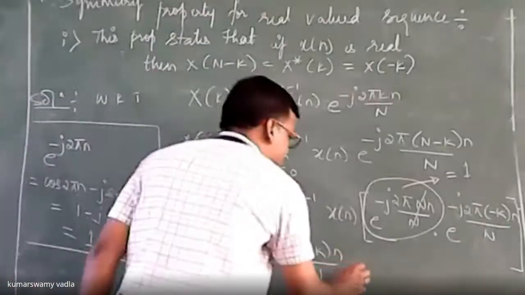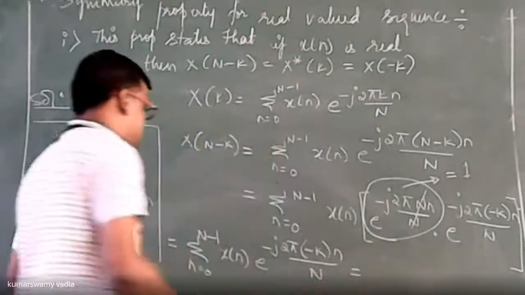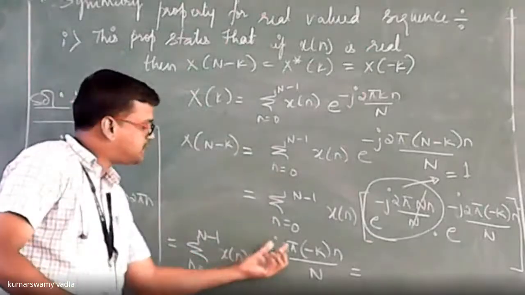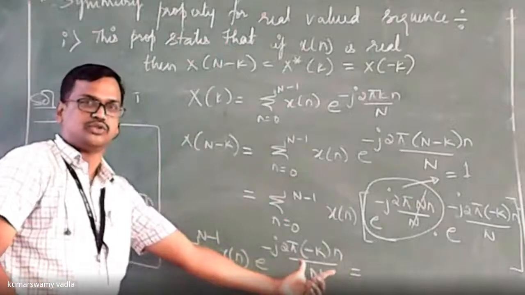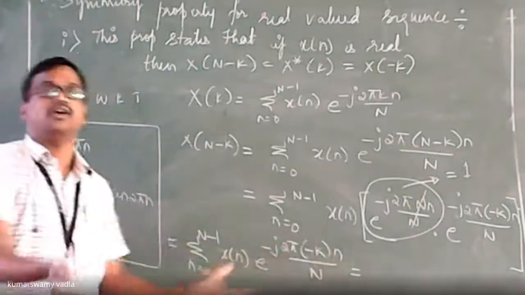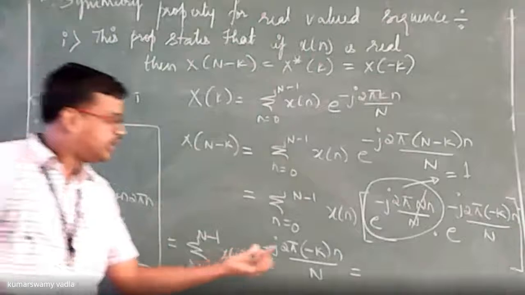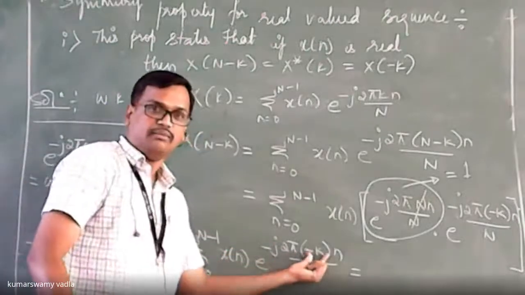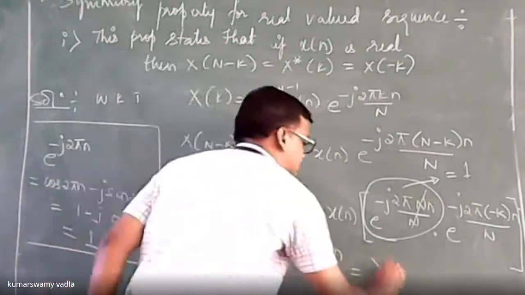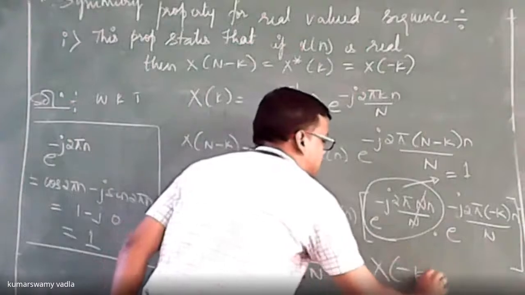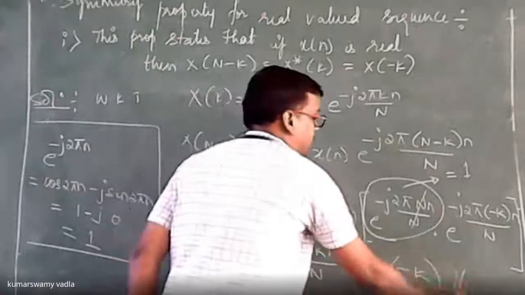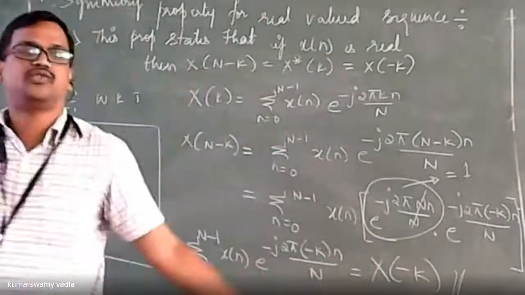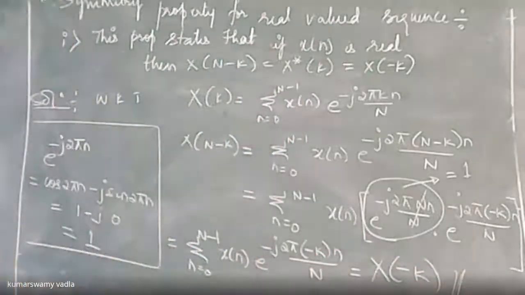So therefore, I can write this: x of n e power minus j 2 pi k n divided by N means capital X of k you should. Capital X of k you were writing. But now, instead of k you are having minus k, and hence I will write this as capital X of minus k, which is the required solution for this derivation.